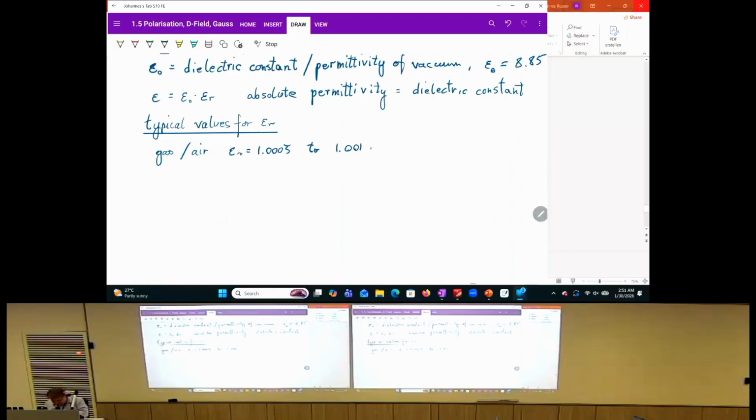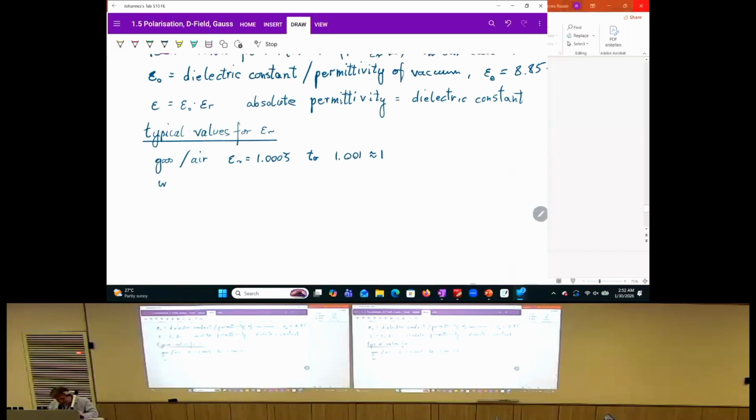So actually, this is roughly 1. So when you are looking at air, you can most of the time work just with the dielectric constant of vacuum because that is so close.